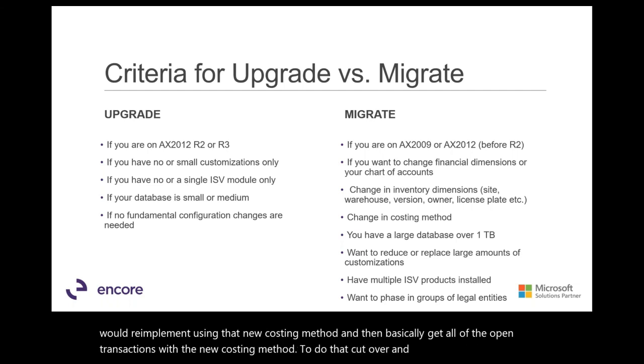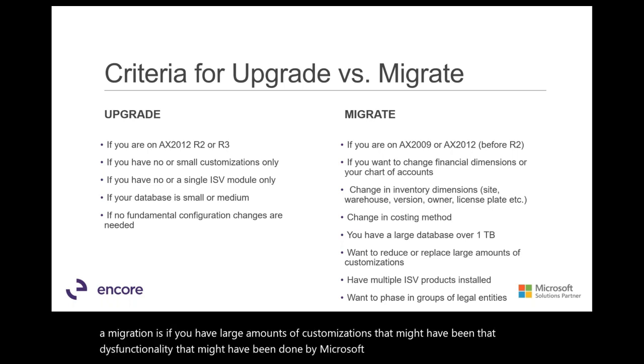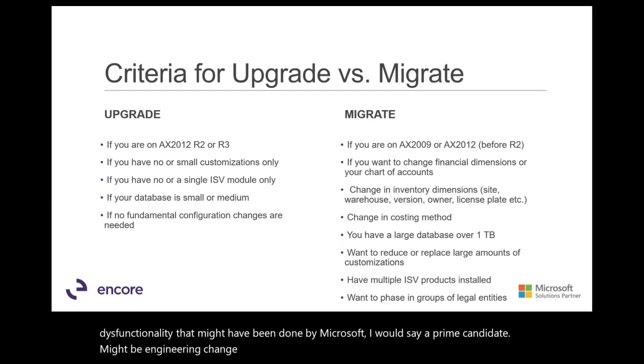Another reason to consider a migration is if you have large amounts of customizations, that is, functionality that might have been done by Microsoft. I would say a prime candidate might be engineering change management, which is now a module in D365.